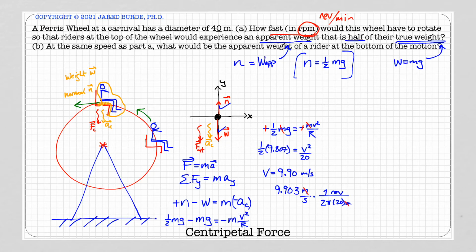And so we can cancel out meters that way. If we want revolutions per minute, well, for every 1 minute, we're going to have 60 seconds. And so I can convert seconds that way as well. And I can put all this together and find the speed to be 4.73 revolutions per minute, or RPM.